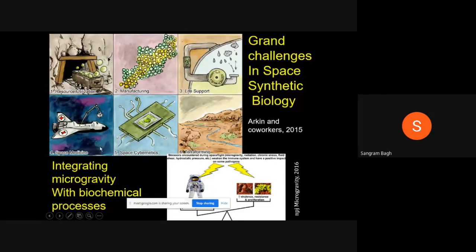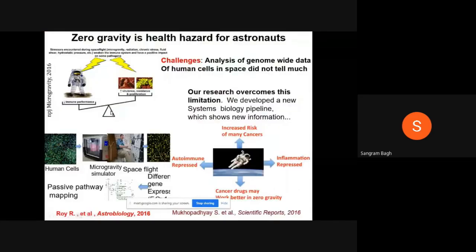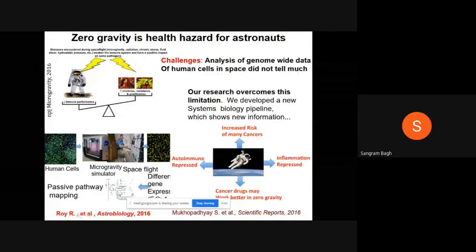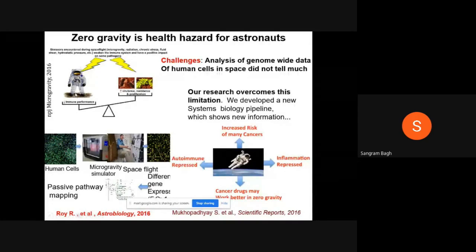In all of that, in some cases microgravity is an integral part of the system. When an astronaut goes to space, the immune system gets deregulated, as people know from the Apollo mission.